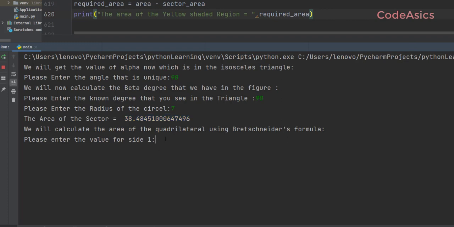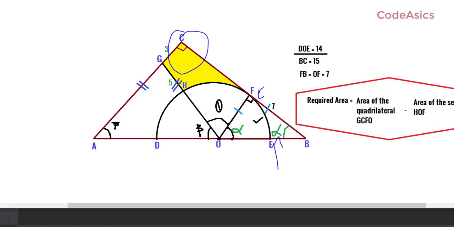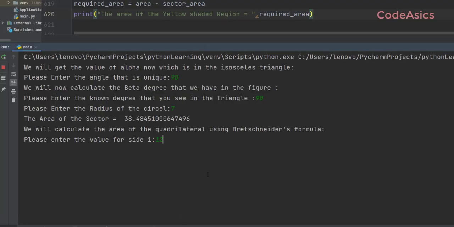Please enter side 1. Side 1 is 12 units. If you are not sure, you can actually check it out, right? All of these sides are given. Now this side is also given here. You see AG is nothing but GO. Both of them are equal. So GO is 5 plus 7, that's 12. So that's why AG is going to be 12 units.